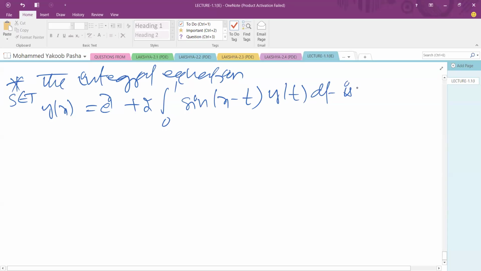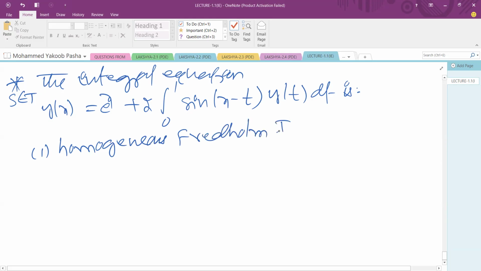We have options here. The first one is homogeneous Fredholm integral equation.